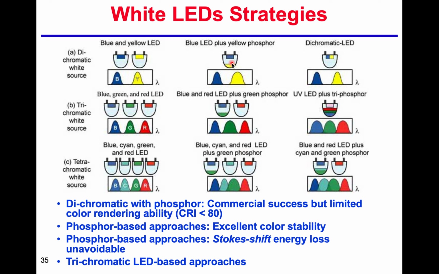The yellow photon comes from the phosphor, and the phosphor is excited by the blue photon. So here the phosphor receives the high energy photon and releases a low energy photon. That we call the Stokes shift.